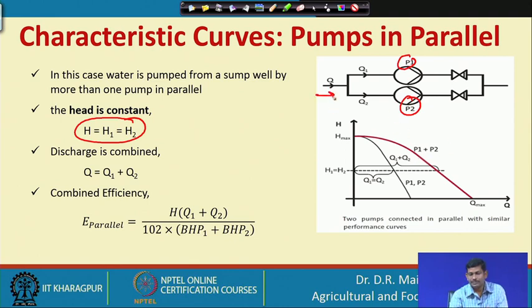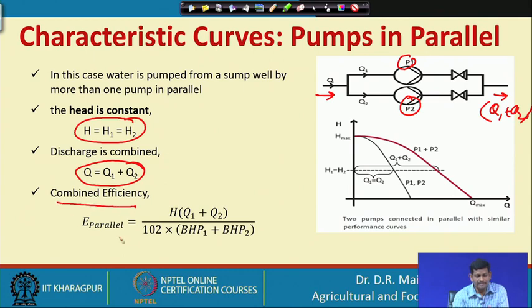Q is going in, and Q1 plus Q2 will be coming out. The powers you have to add up, and H will be the same head; only the Q is going to increase by the individual discharges.